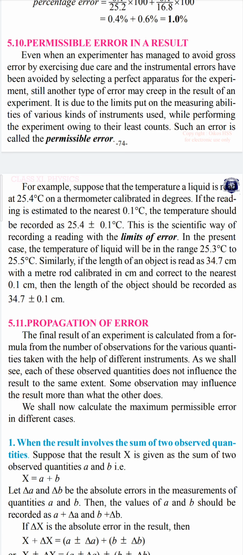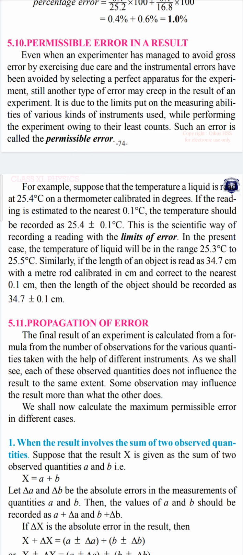In the present case, the temperature of the liquid will be in the range 25.3 degrees Celsius to 25.5 degrees Celsius. Similarly, if the length of an object is read as 34.7 cm with a meter rod calibrated in centimeter and correct to the nearest 0.1 cm, then the length of the object should be recorded as 34.7 plus or minus 0.1 cm.